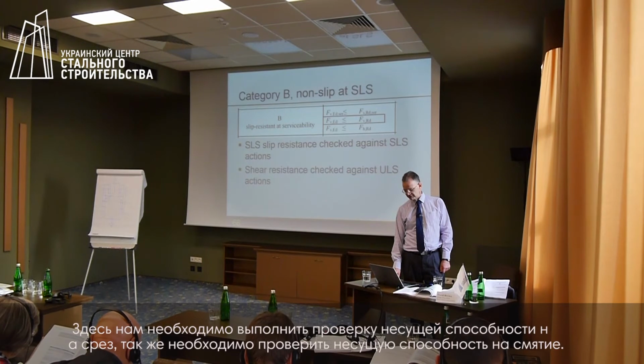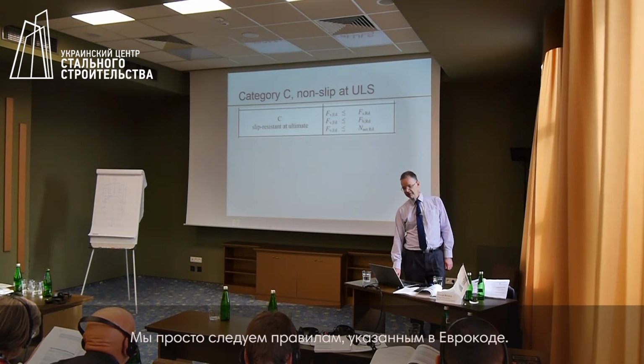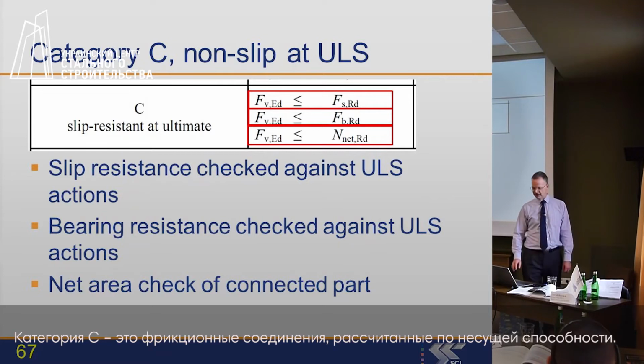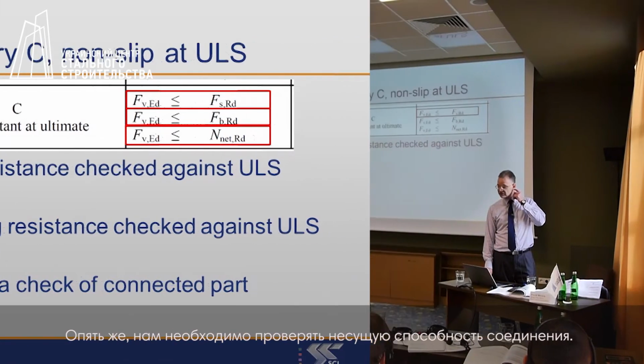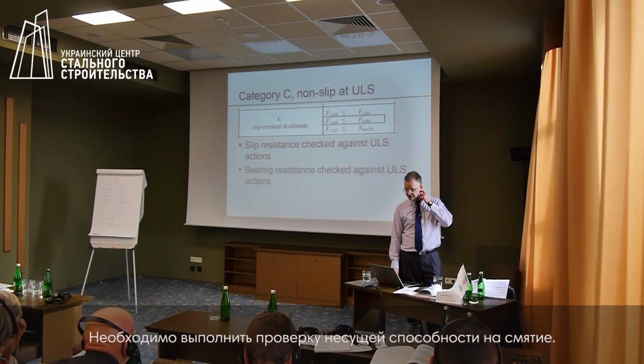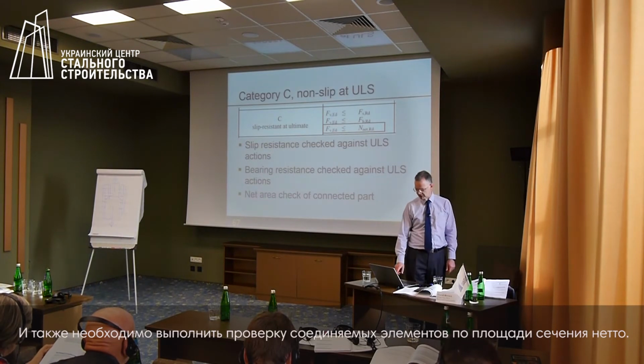We need to check bearing. We just follow the rules in the code. Category C, non-slip at ultimate limit state. So again, we need to check the slip resistance. We need to check the bearing resistance, and we need to check the net area of the connected part.